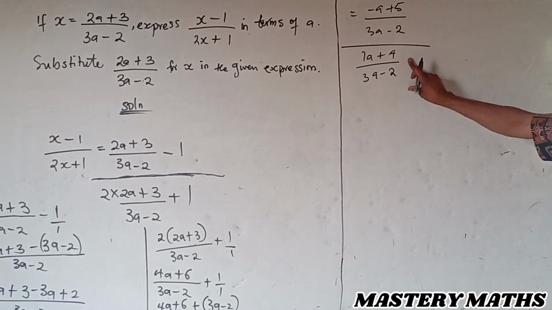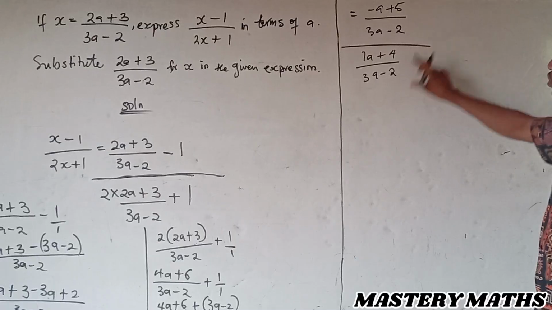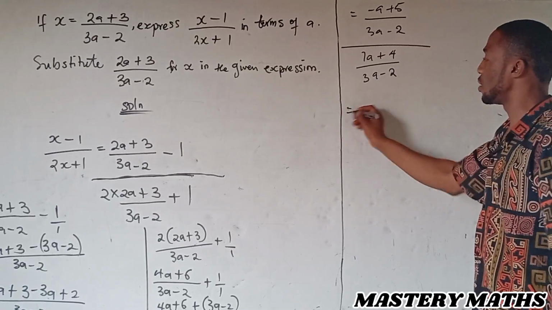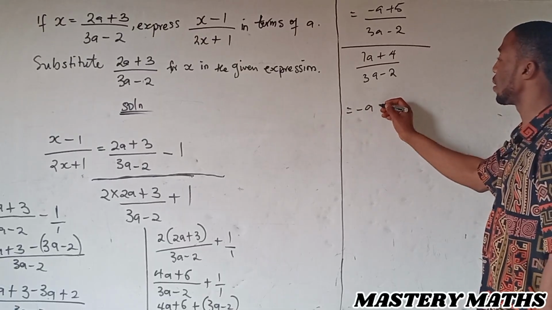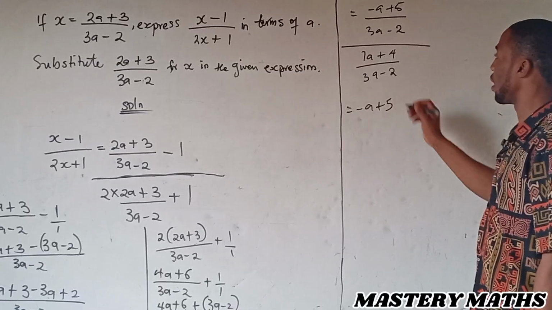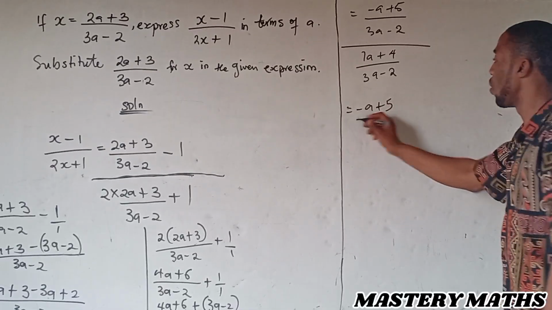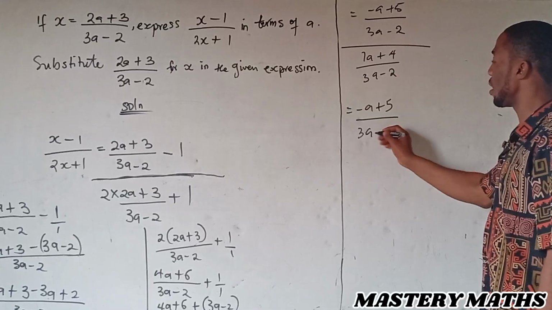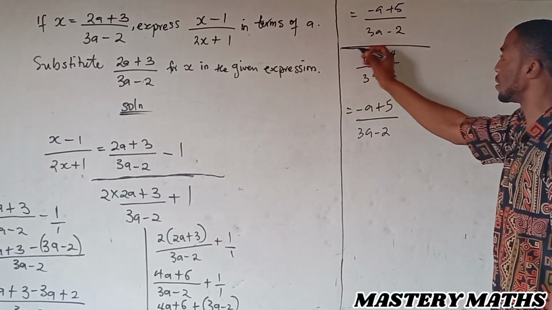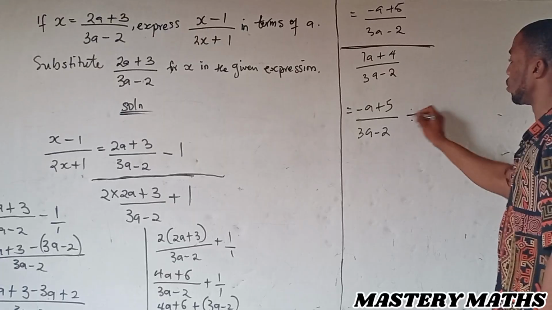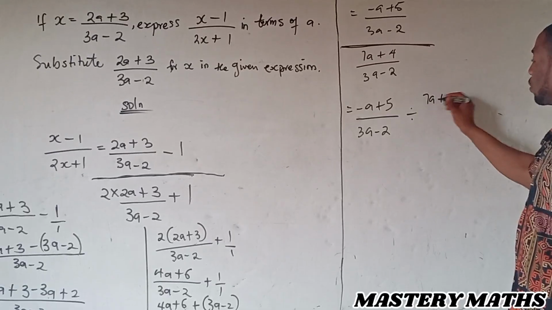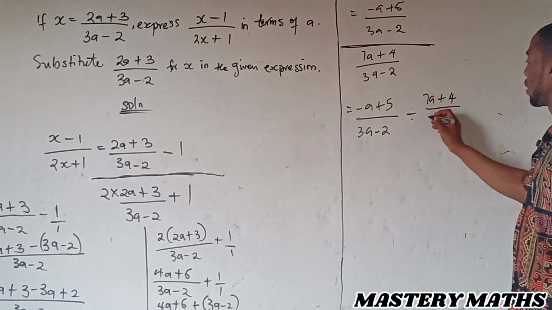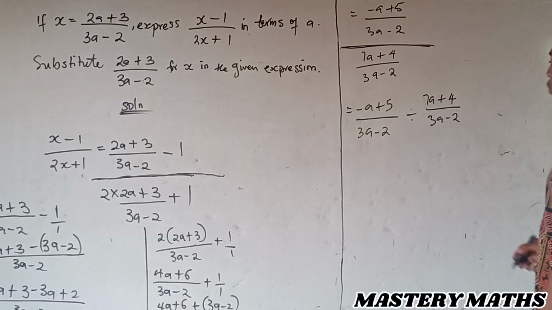Now we'll use this to divide this. To divide it, you repeat this to be −a + 5 over 3a − 2. Now this we reduce to be (7a + 4) over (3a − 2).